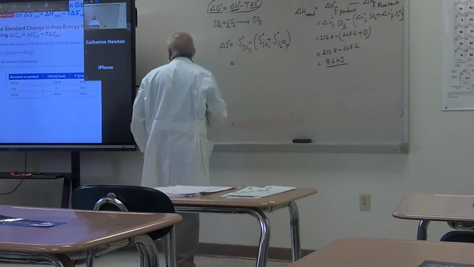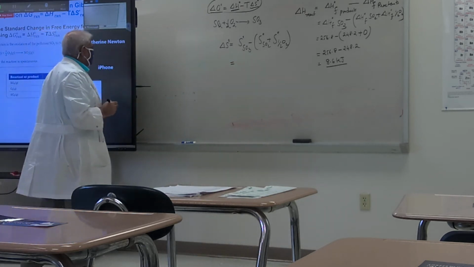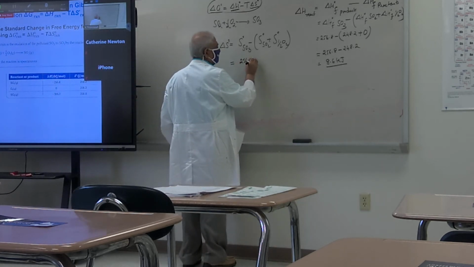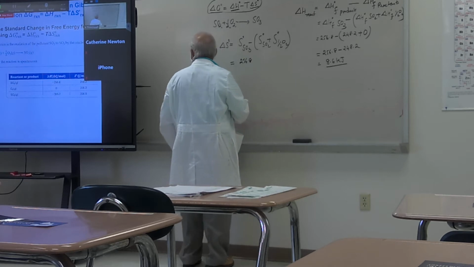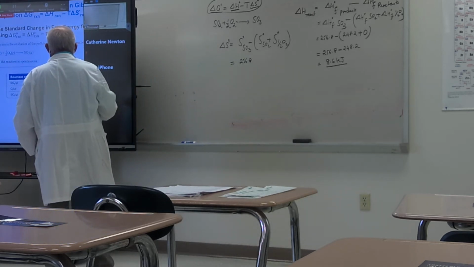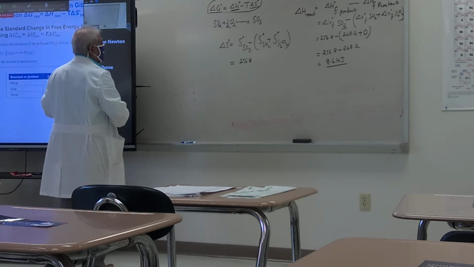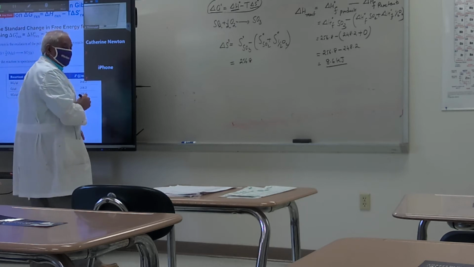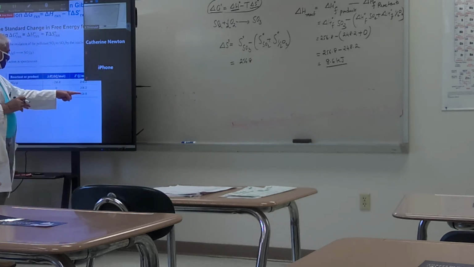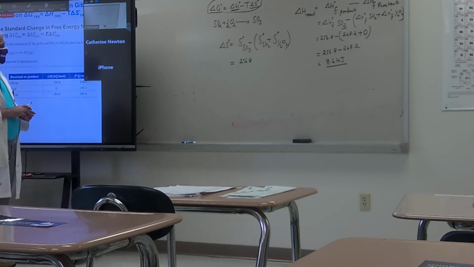So what is the S0 of SO3? 256.8. Oh my God, I used this the wrong way. I should have used minus 395. You should use this, not that. But this is for entropy, this is for HF. This is all wrong.